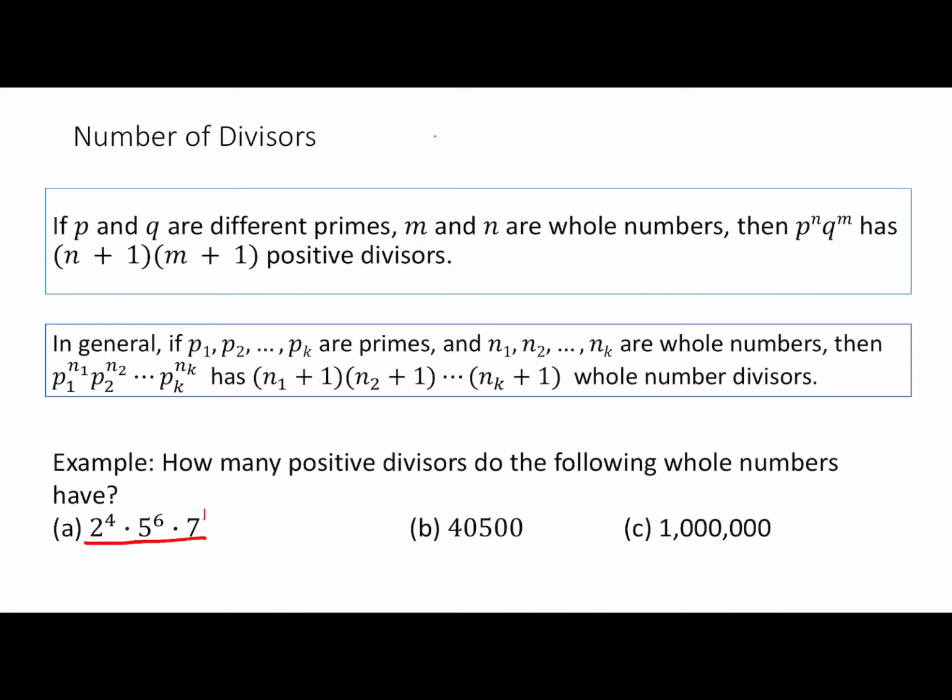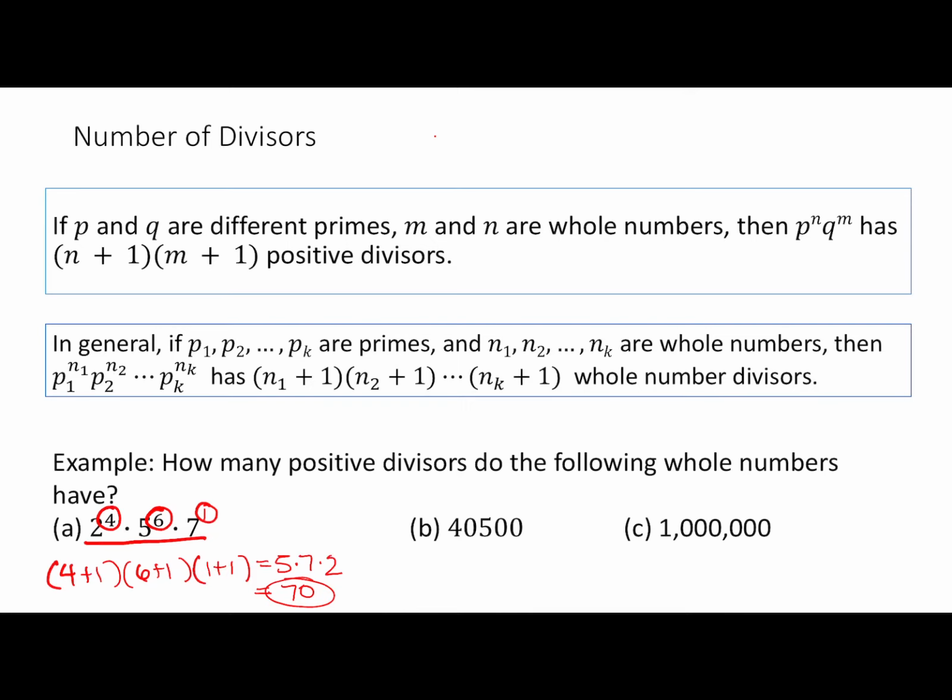Well, it's already in prime factored form, so I just need to look at these exponents, and my rule says I'm going to take each of those exponents, add 1, and multiply. So I have 4 plus 1 times 6 plus 1 times 1 plus 1. That's 5 times 7 times 2. That's going to give me 35 times 2, which is 70 positive divisors.